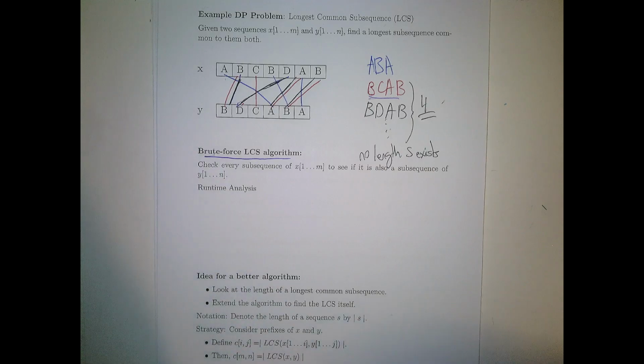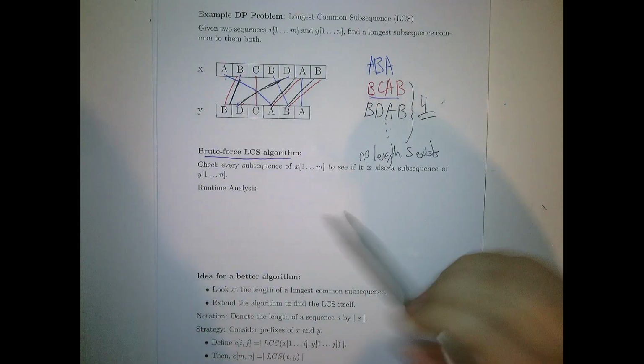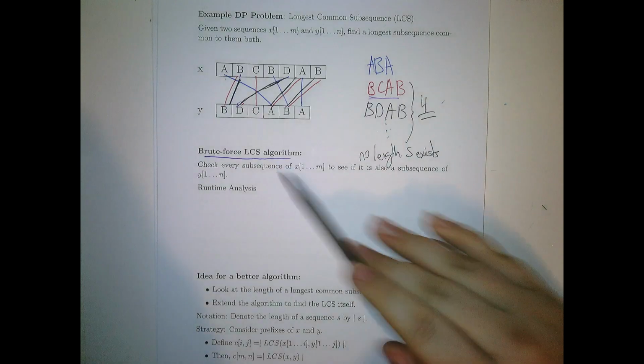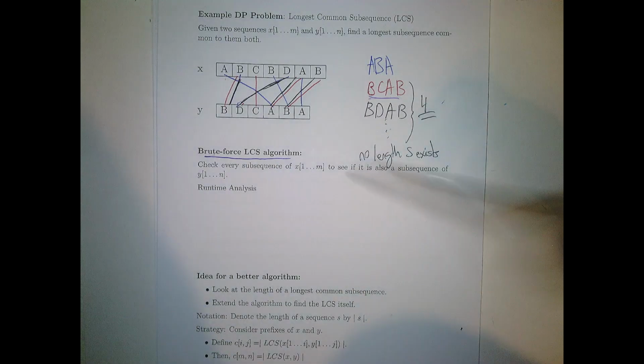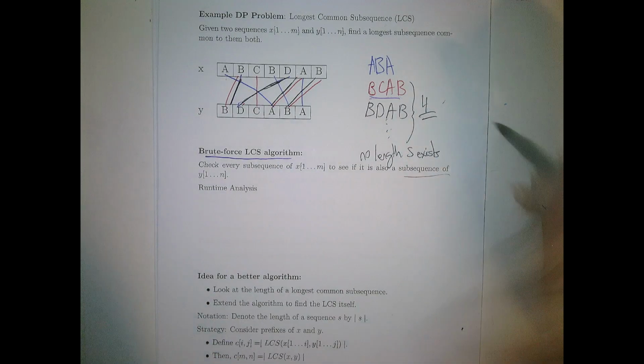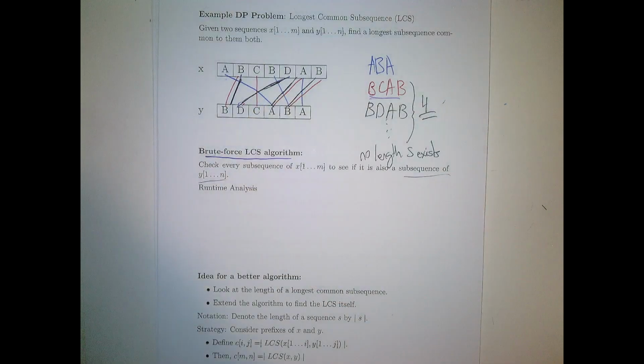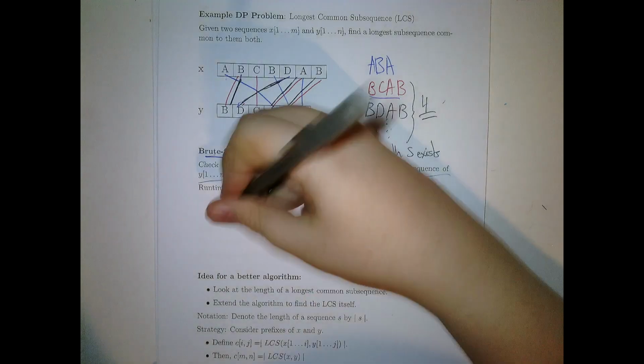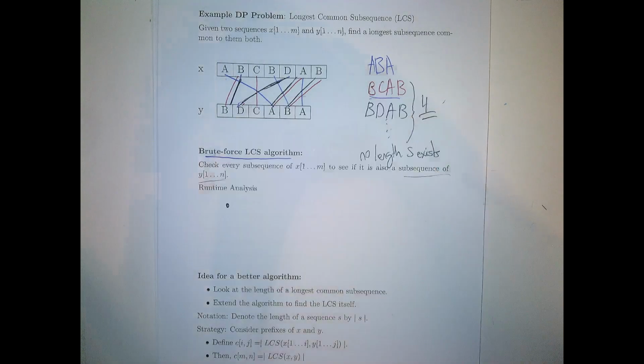Well, a brute force approach would be thinking something like, let's just check every possible subsequence of X and see if it's also a subsequence of Y, right? So I didn't write the code up here. Feel free, if you want to, you can go and write the code.